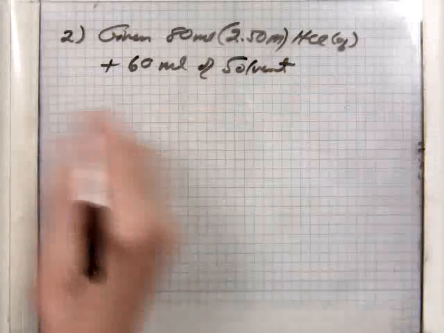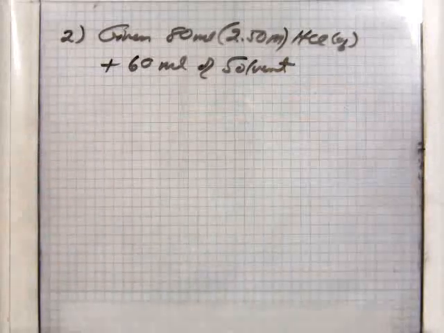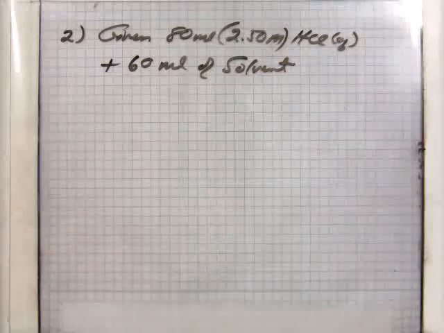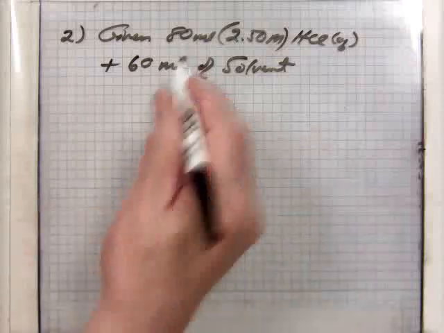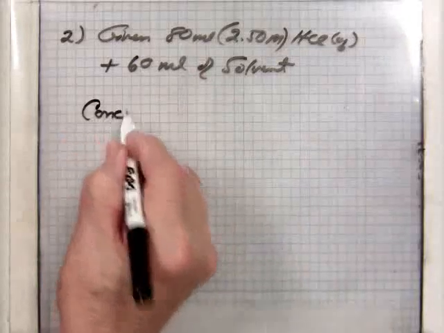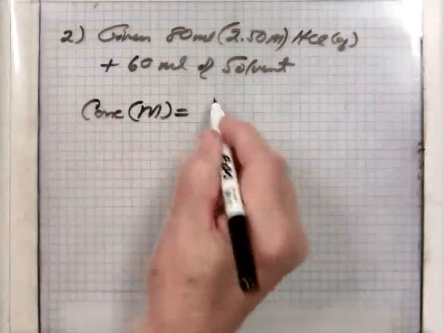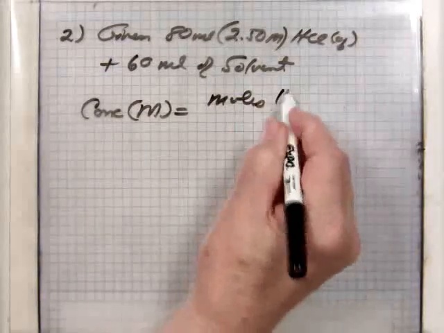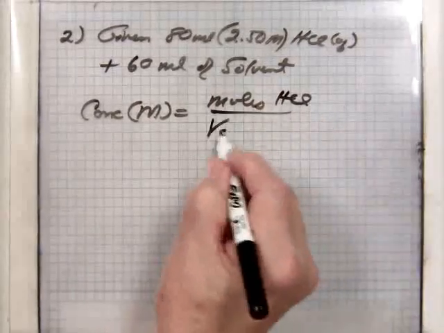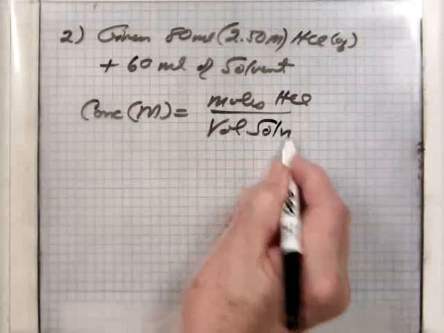And so this is trying to apply, what's the concentration? So you have to calculate it in terms of moles over total volume in liters. The concentration in molar terms is moles of HCl over volume of solution expressed in liters.